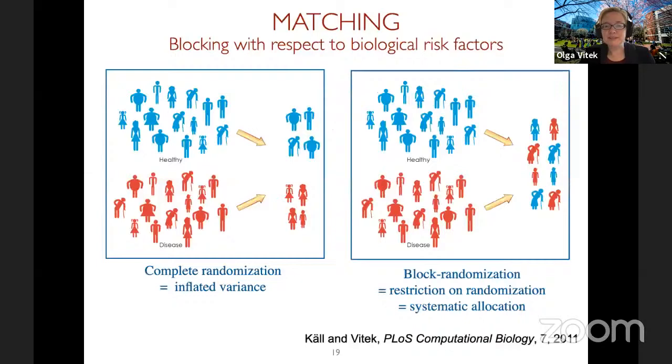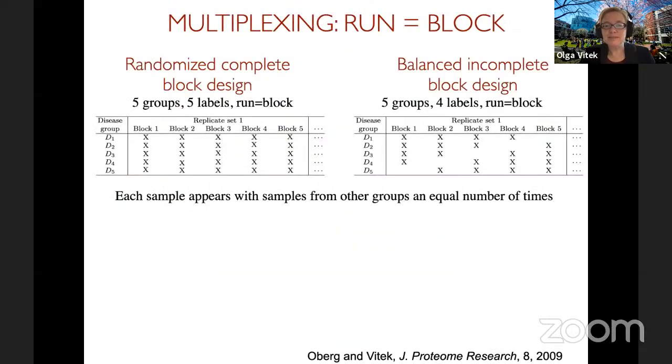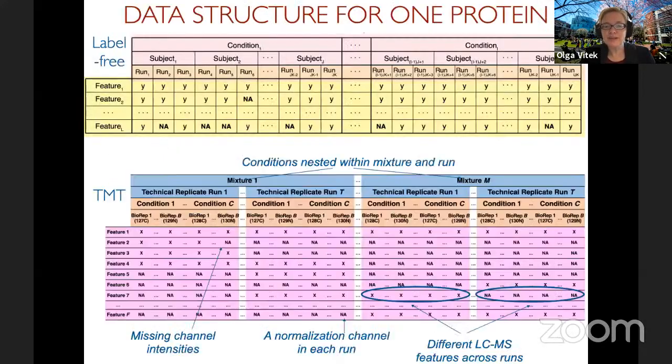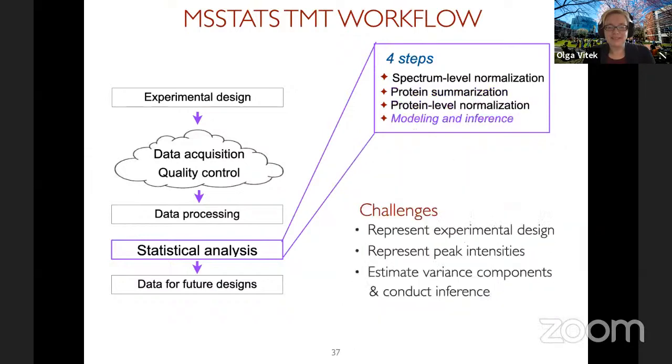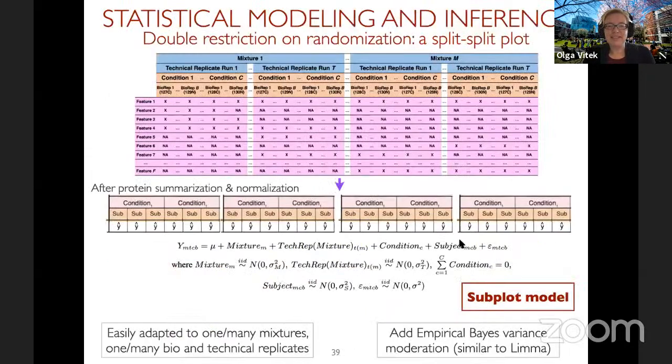So in particular, if you go back now to MSstatsTMT, if we have one mixture and we have multiple conditions, you have some replicates. So you have some signal and some noise, right? You will have the same thing in this mix, and in this mix. But eventually you need to put it all together to have a single signal to noise ratio. And so the models which I described here do exactly that.